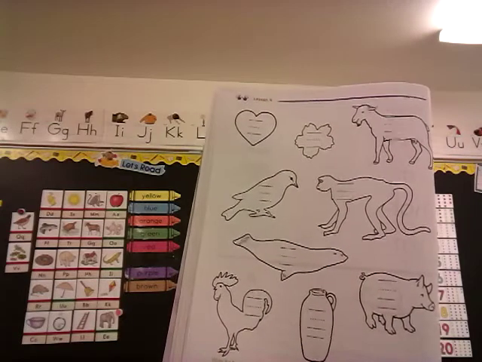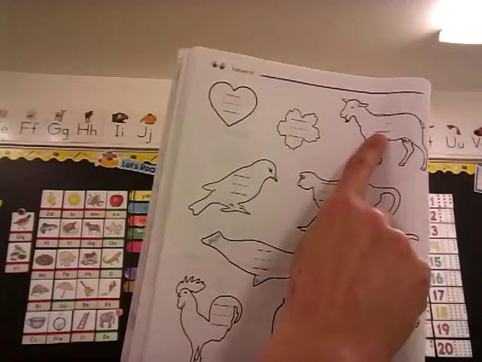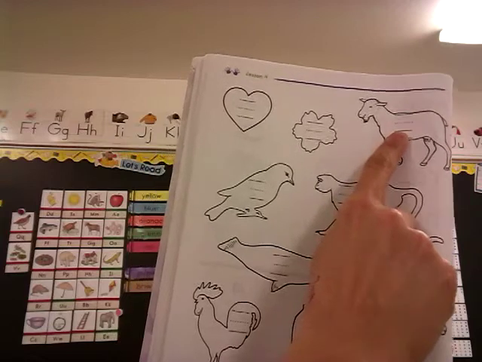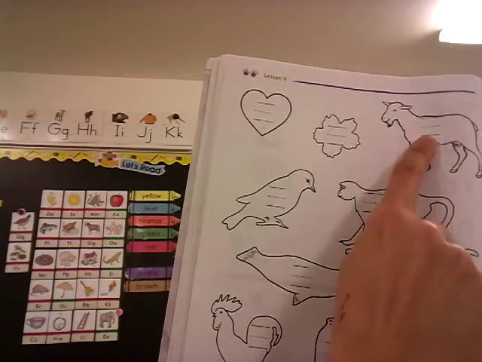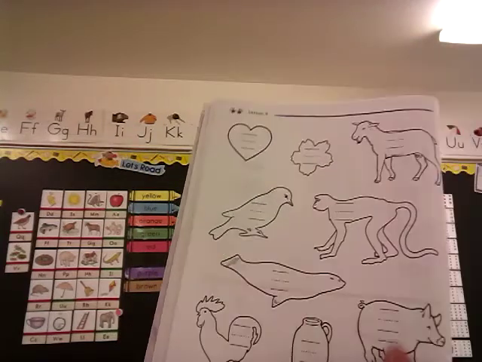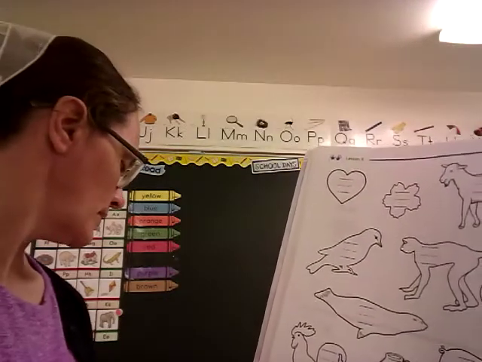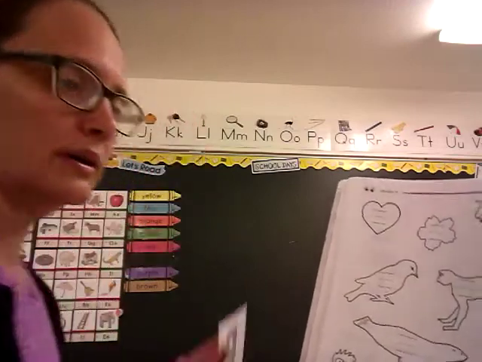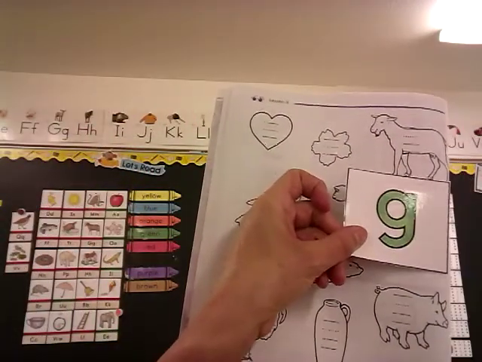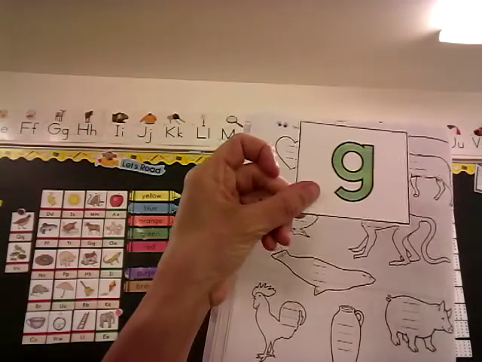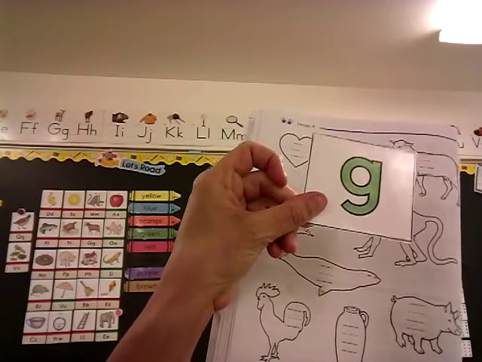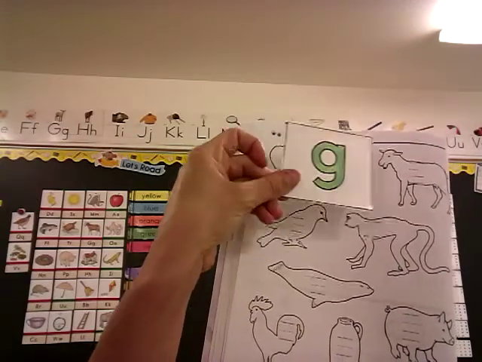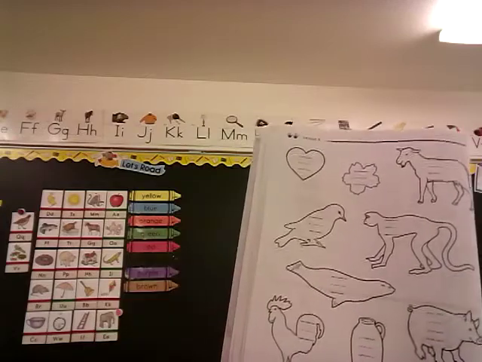Whenever you know, write it in the goat here. Did you put a G inside the goat? G says like goat. So the goat gets a G.